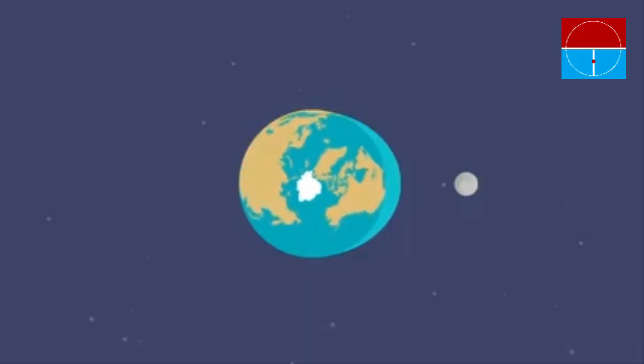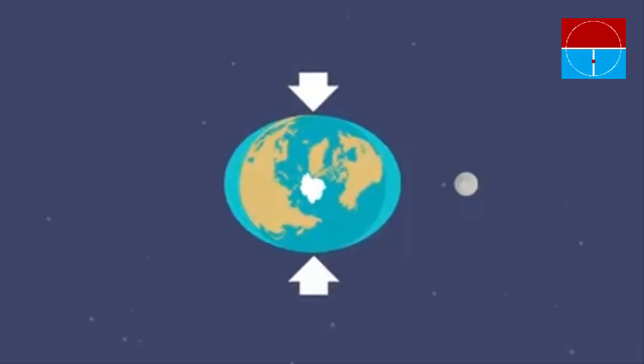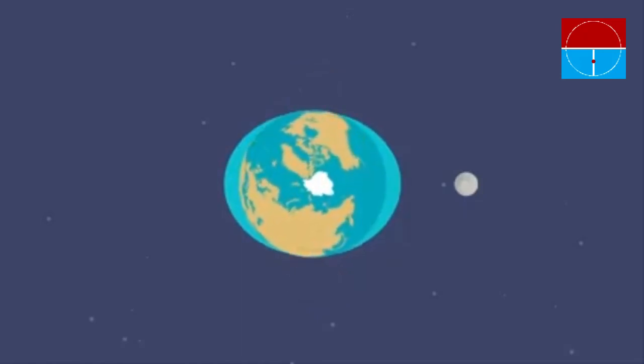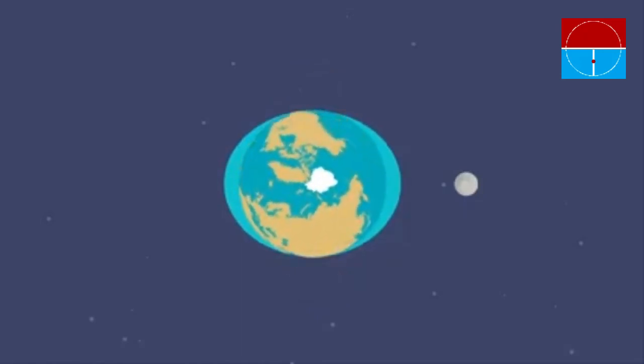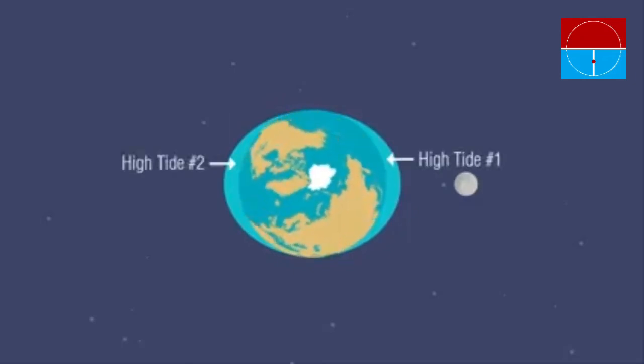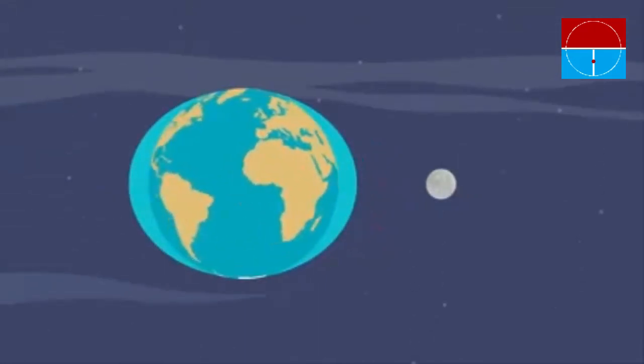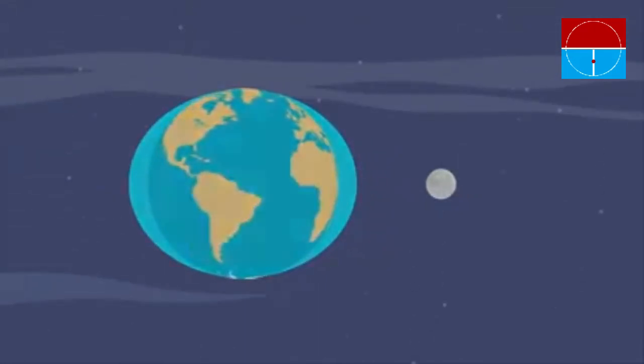The total effect of the tidal force is that Earth experiences a squeeze, which causes the water to bulge on two sides. These two bulges explain why in one day there are two high tides. Earth's surface rotates through each of the bulges once a day.